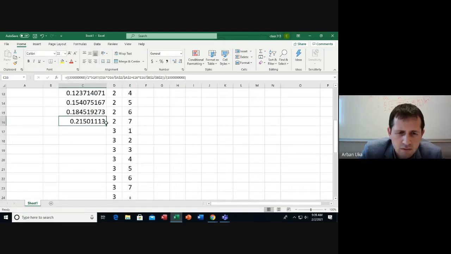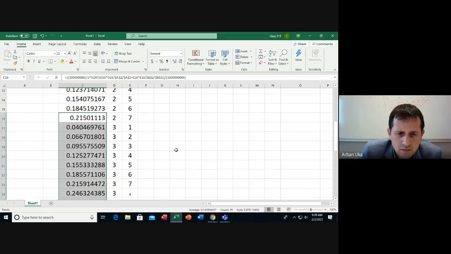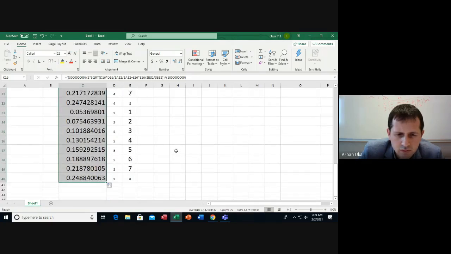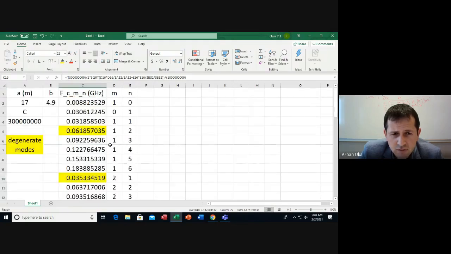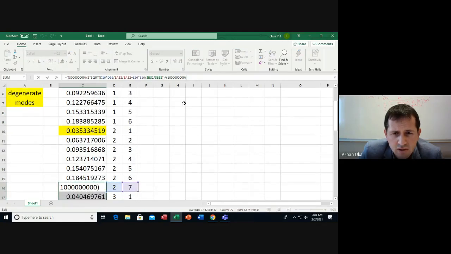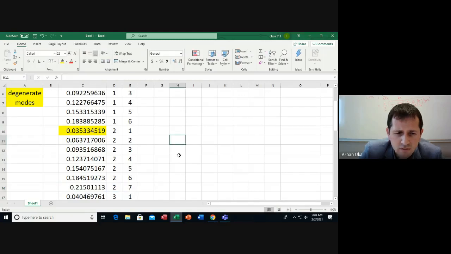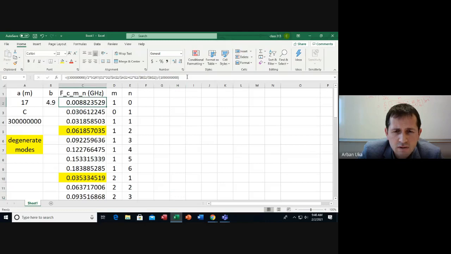Okay, so here we observe several modes, but let's see now. We have expressed these frequencies in gigahertz. Let's use megahertz because this would be more visible. So this expression is equal to this.